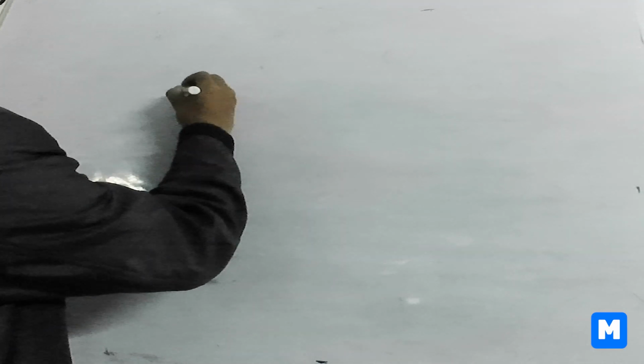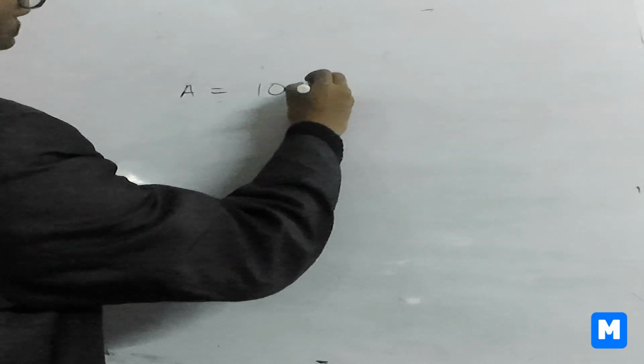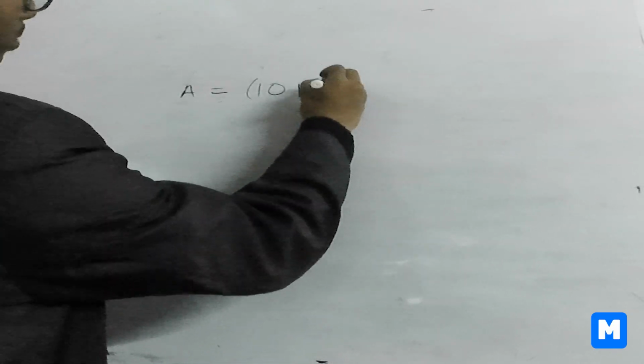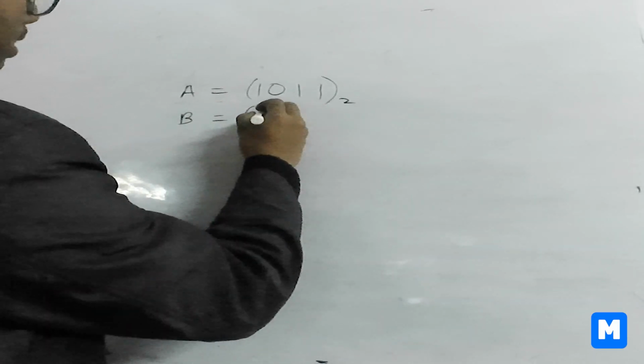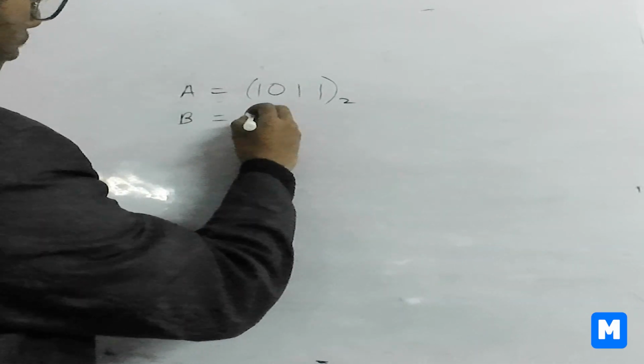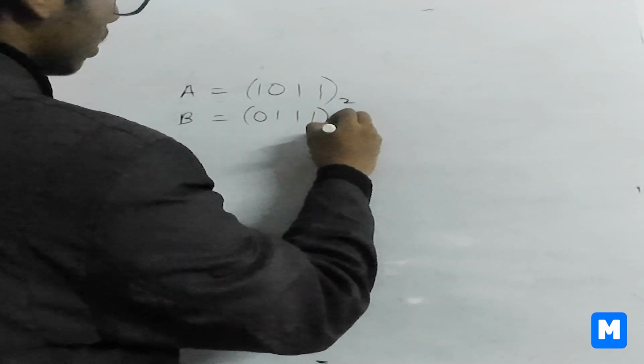Now let's see another example, a little bit more complex. Let's take A to be 1011, and we should mention specifically it's binary. Another number, B, is 0111. Let me convert these.